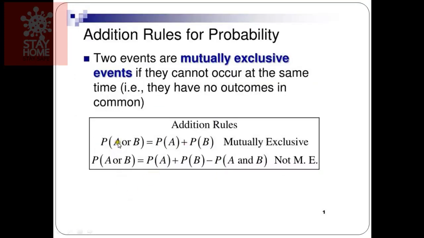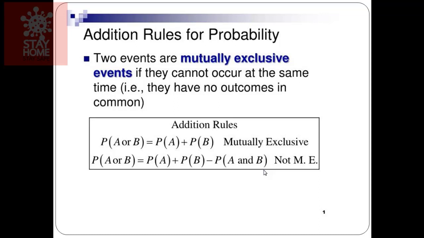The same formula applies here: for mutually exclusive events, only the probability of A plus the probability of B, and for non-mutually exclusive events, the probability of A plus the probability of B minus the probability of A and B. Hopefully you remember these two formulas. These are the important formulas for the addition rule of probability.